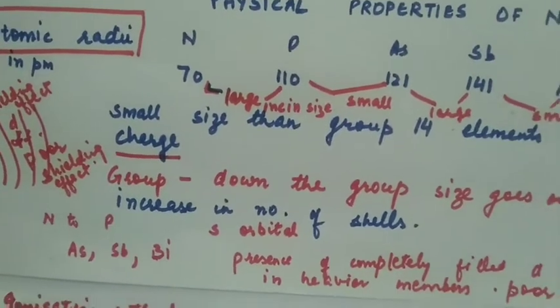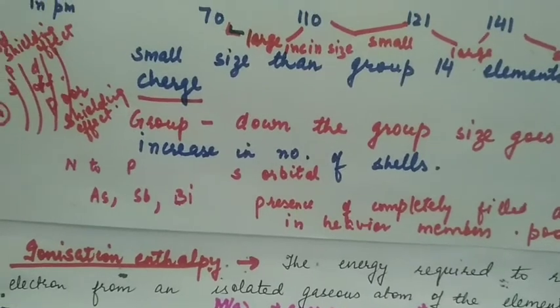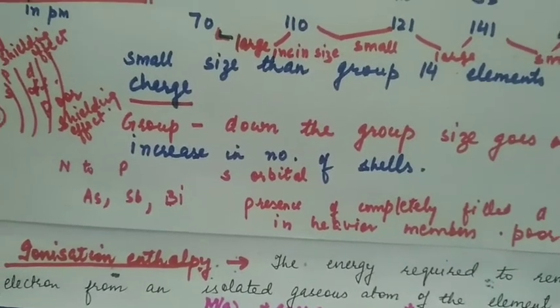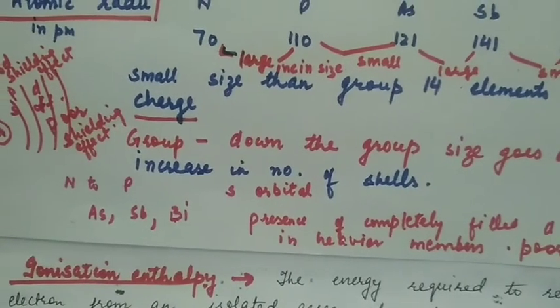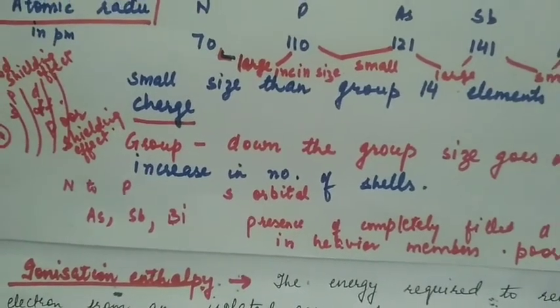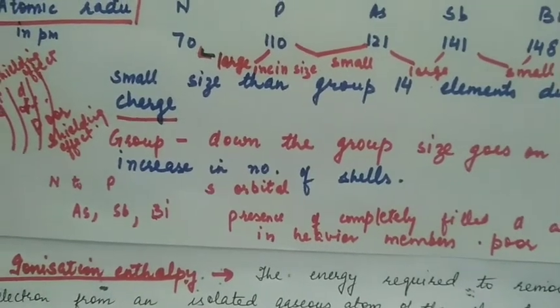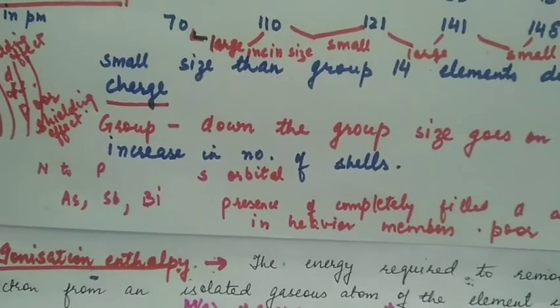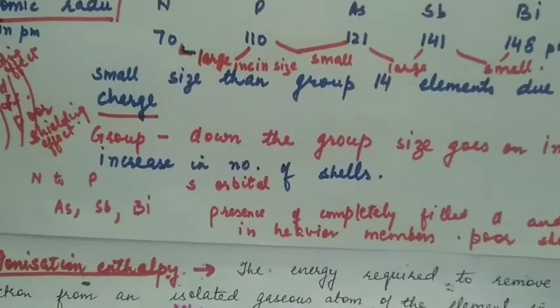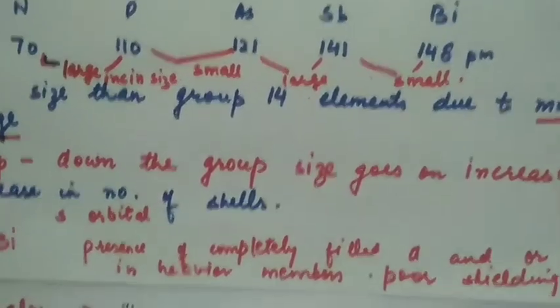You see that the difference in atomic radius between nitrogen and phosphorus is large. This is because the intervening electrons belong to s orbitals. The screening effect of s orbital electrons is more, because of which the hold of the nucleus decreases on the outermost shell electron and the size is greater. As we move from arsenic to bismuth, though the size increases, the difference in atomic radius is small.